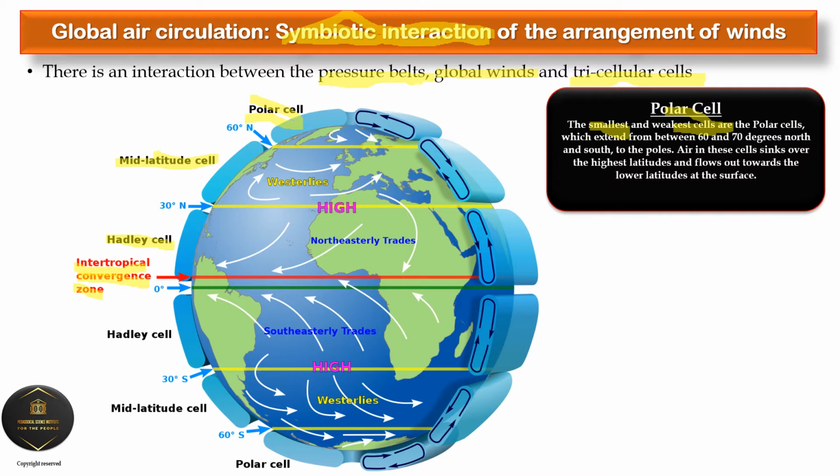Now, what you must note there is that air in these cells, which are the polar cells, always sinks. And why does it sink? Because we have the highest pressure over there, right? It sinks over there and it flows out towards the lower latitudes at the surface.